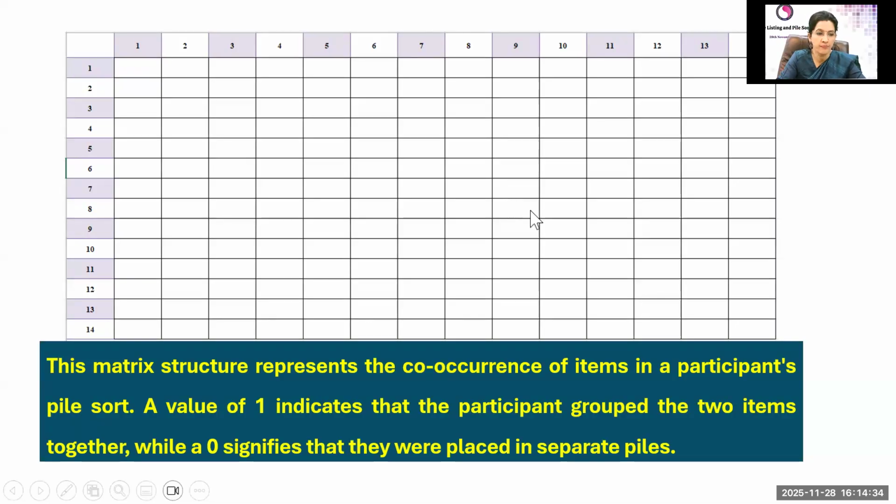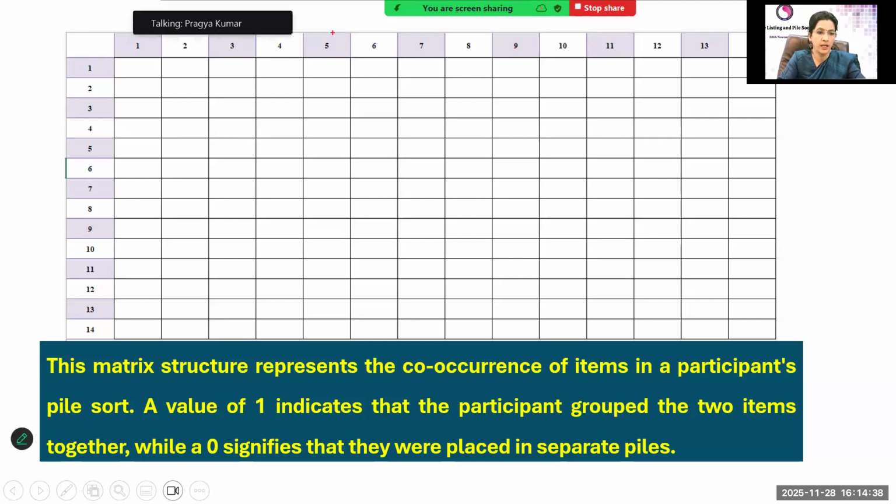That means if someone has kept 2 and 3 together, so here this 2 and 3, I will put a 1 here, because this 2 and this 3 are kept together. And I will keep 0 when they are not kept in the same pile.